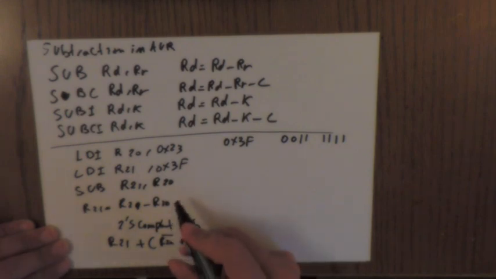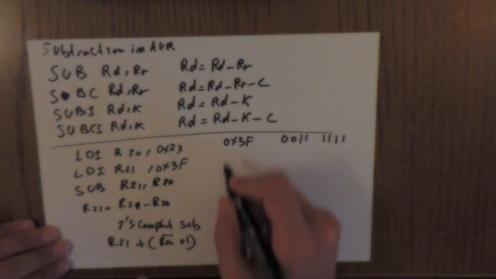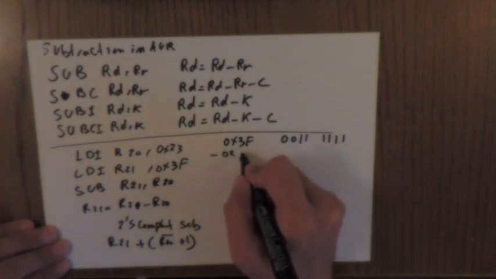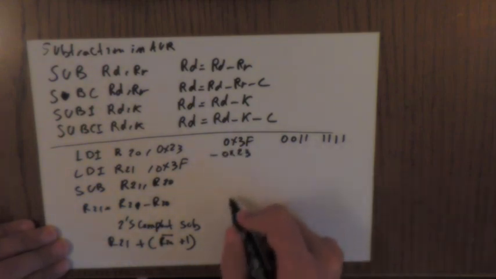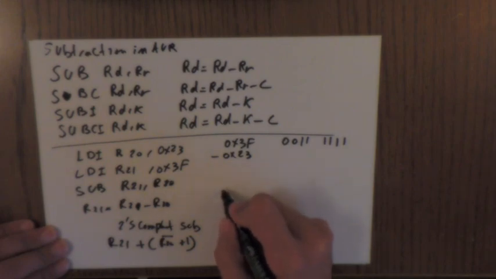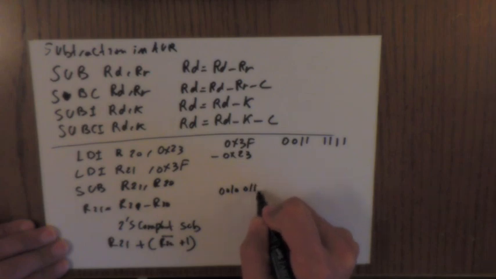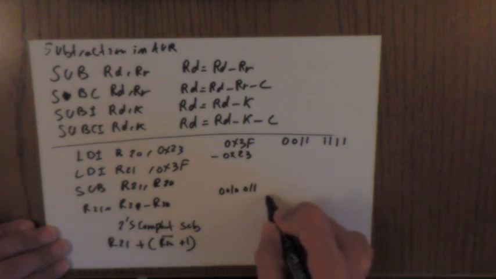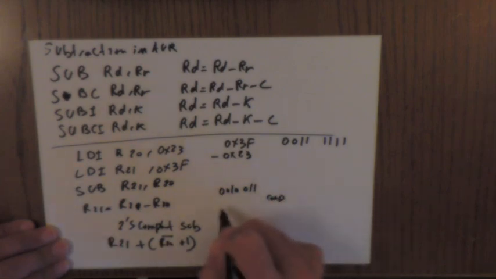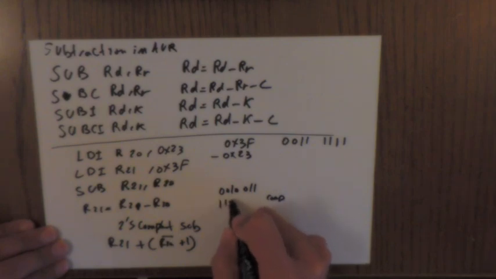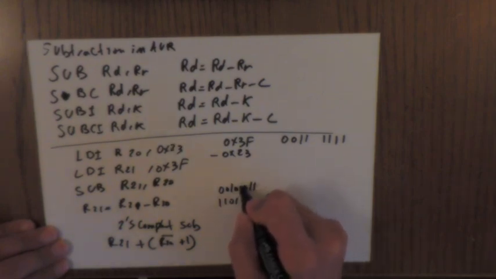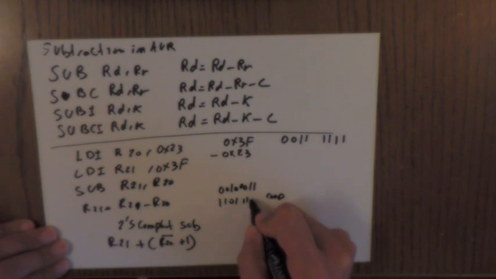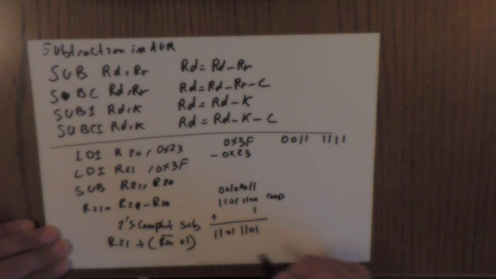So what's the inverse of R20? If we take 0x23, it's going to be 0010 0011. We do the complement, and then we add 1. The result will be as follows.